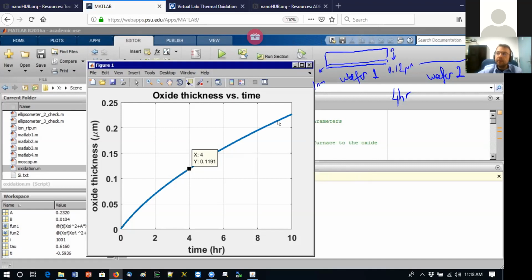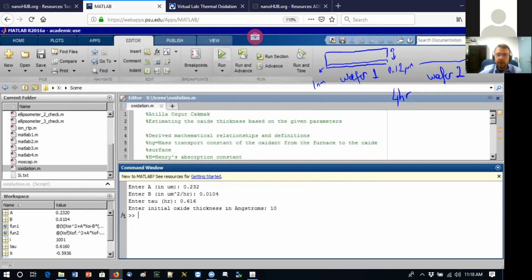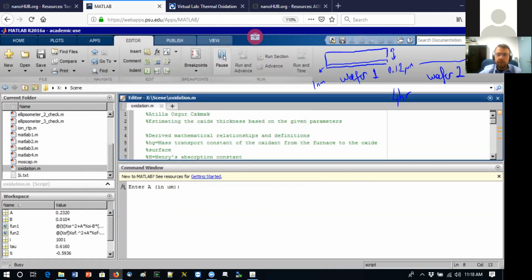Now, as for the second wafer, let's run the code again. I'm going back to the same oxidation.m, just canceling that previous graph and running the code one more time.